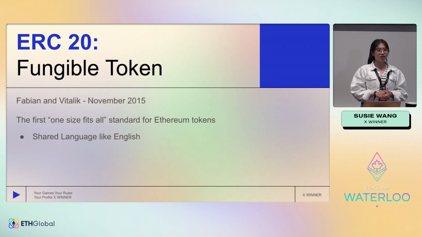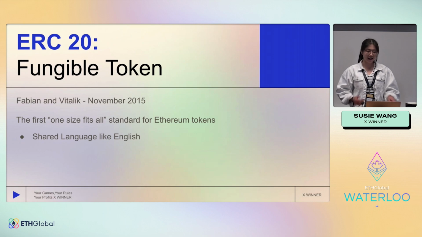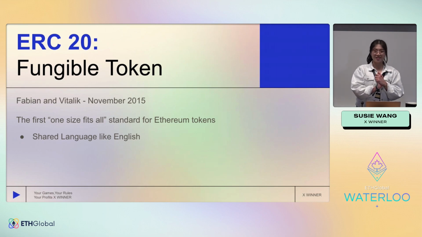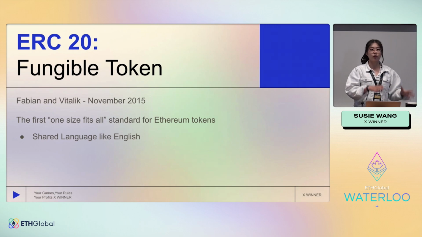It's the brainchild of Fabian and Vitalik, introduced in November 2015. This is the first one-size-fits-all standard for Ethereum tokens. An analogy I really want to use is a shared language, just like English, for all the tokens established on Ethereum.